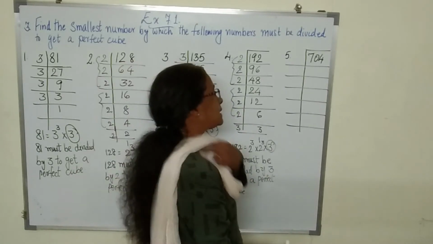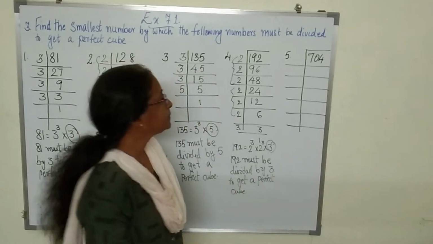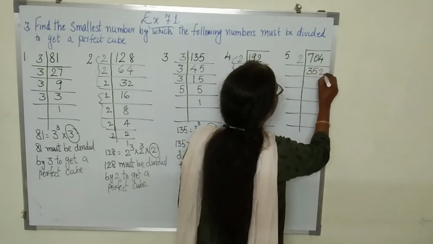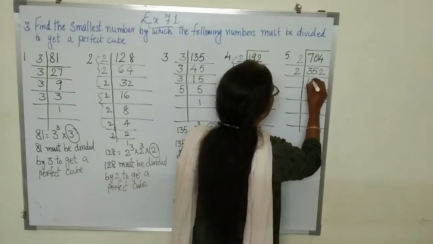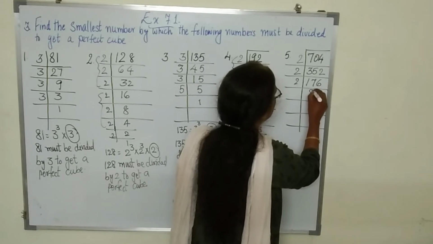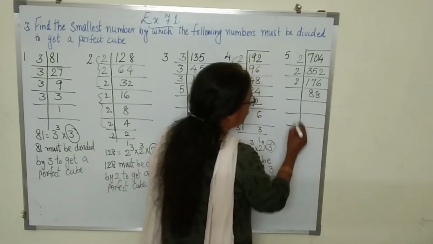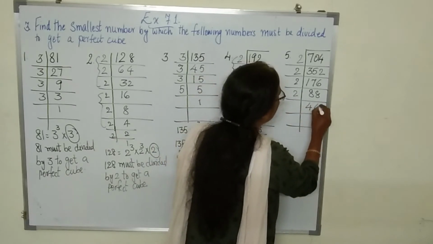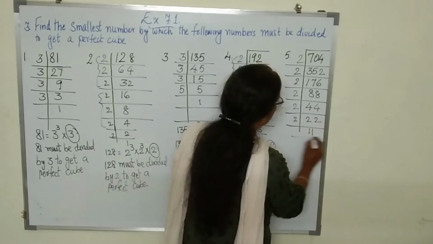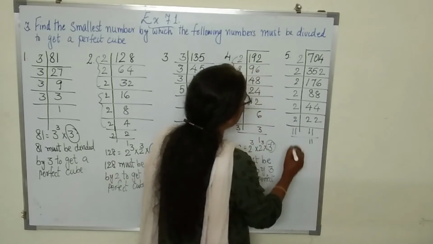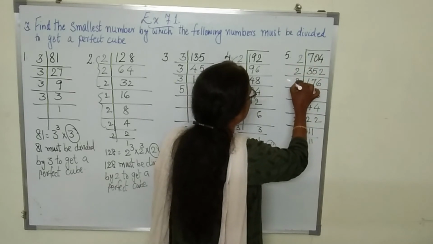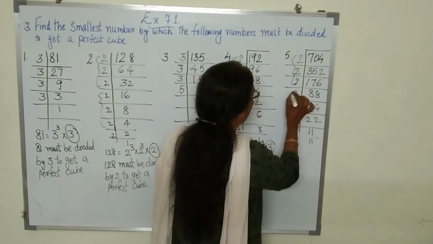The next question is 704. So let us divide by 2: 352. Again by 2: 176, 88, 44, 22, 11. Now see here, this is equal to 2 raised to 1, 2, 3, 1, 2, 3.